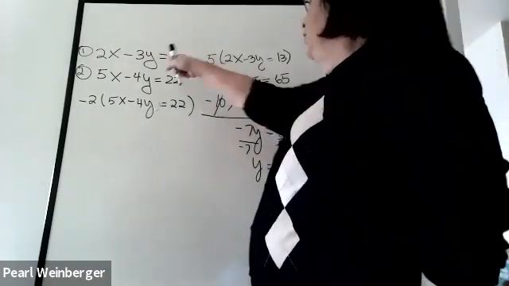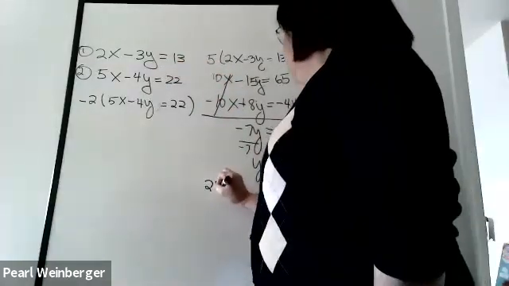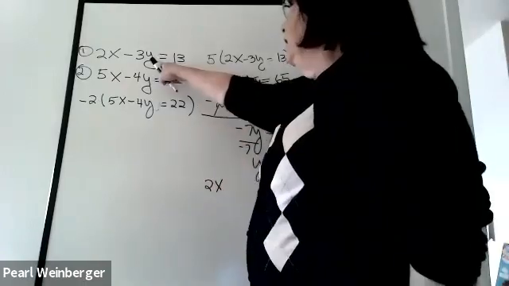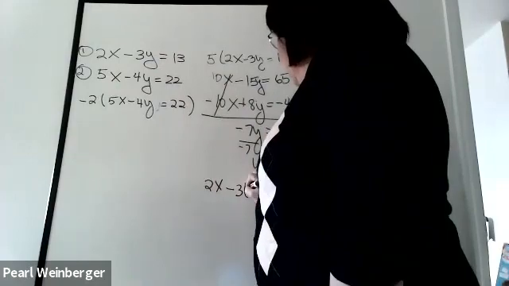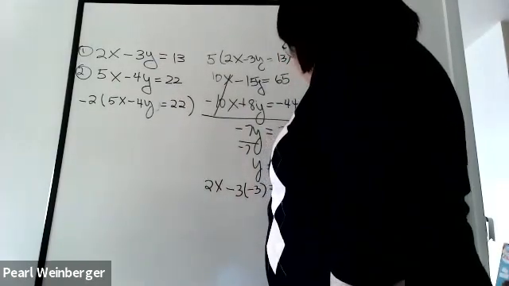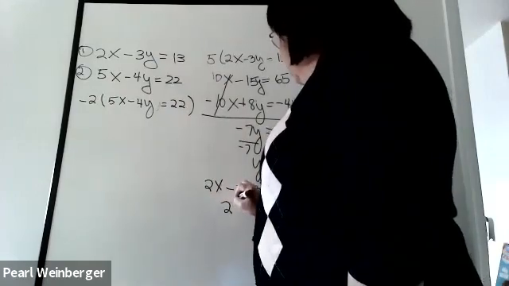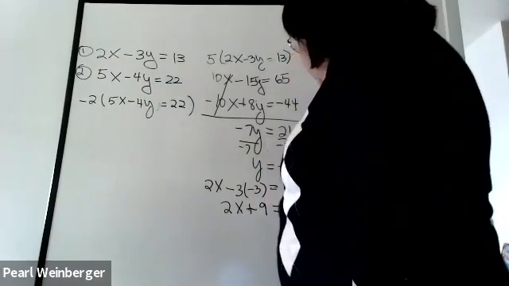Again, I'll go to the first equation. It could be the second equation, doesn't matter. And replace the y by negative 3. So it's 2x minus 3 times negative 3 equals 13. 2x plus 9, negative times negative is positive, equals 13.